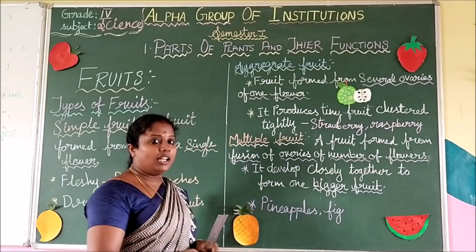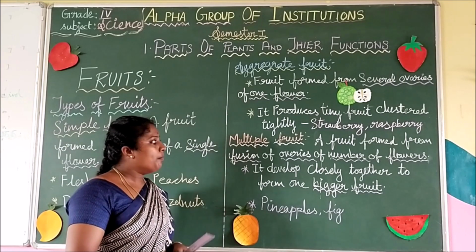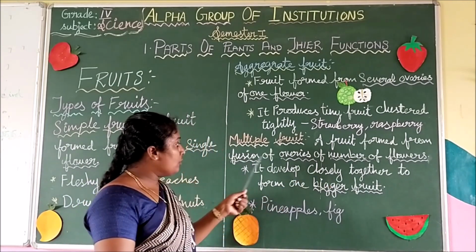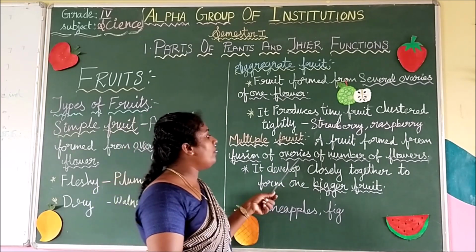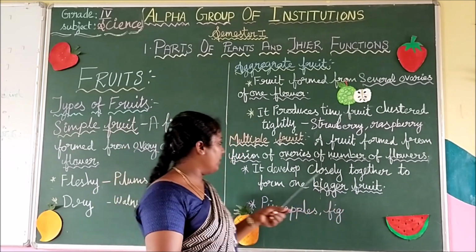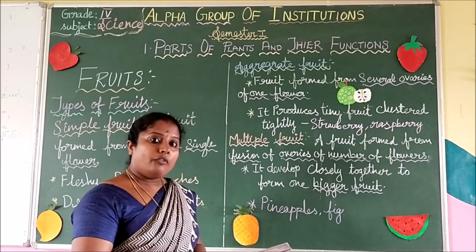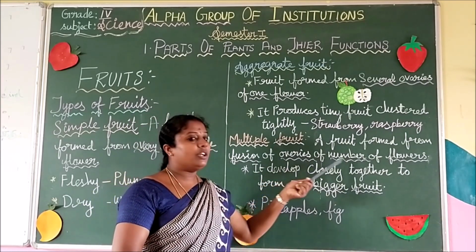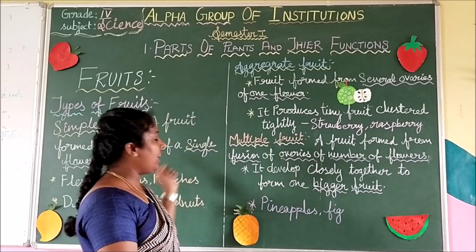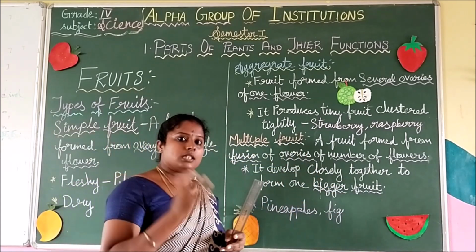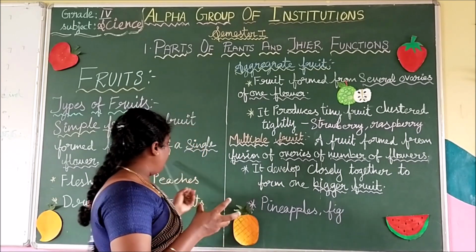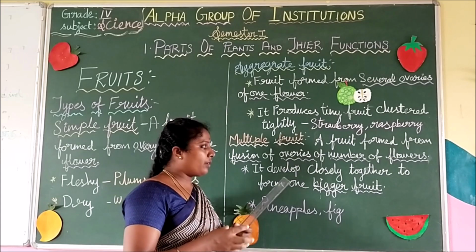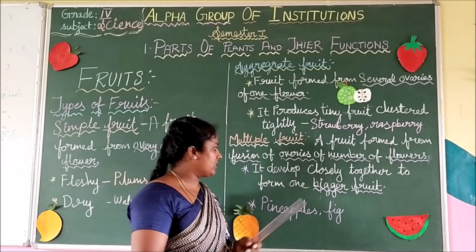Next type is multiple fruit. A multiple fruit is a fruit formed from the fusion of ovaries of a number of flowers. Simple and aggregate fruits come from a single flower, but a multiple fruit is a fusion of ovaries from a number of flowers.